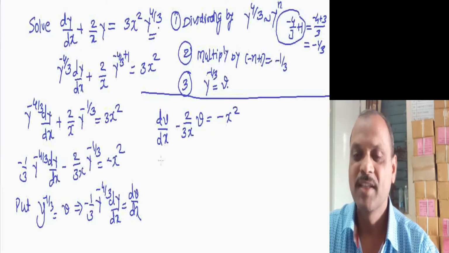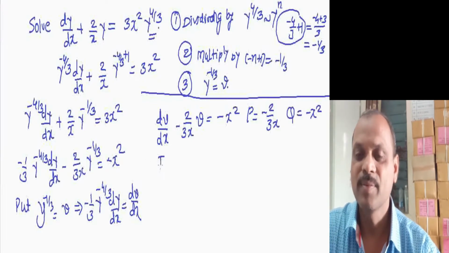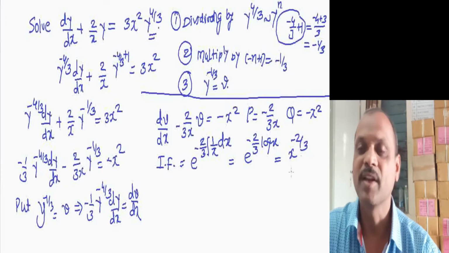Now you can see that here P equal to minus 2 divided by 3x, Q equal to minus x square. Let us find the integrating factor equal to e raised to integral of P dx, that is e raised to minus 2 divided by 3 integration of 1 by x into dx, equal to e raised to minus 2 by 3 into log of x, and this will be x raised to minus 2 by 3.